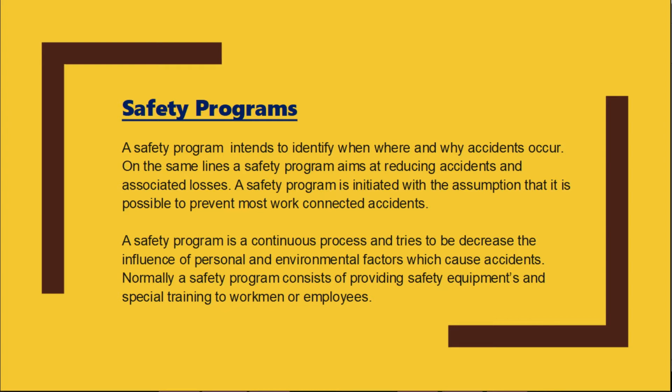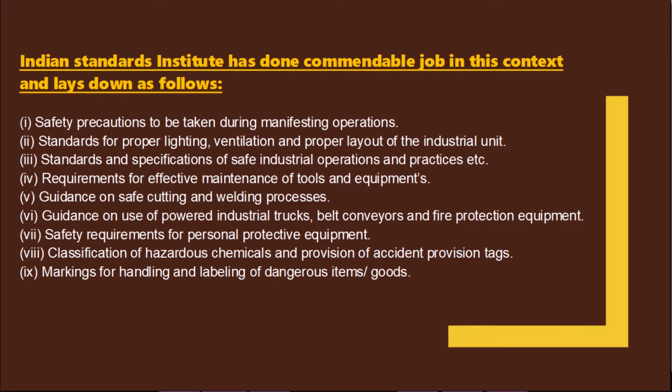A safety program is a continuous process and tries to decrease the influence of the personal and environmental factors which cause the accidents. Normally a safety program consists of providing safety equipments and special training to workmen and employees.